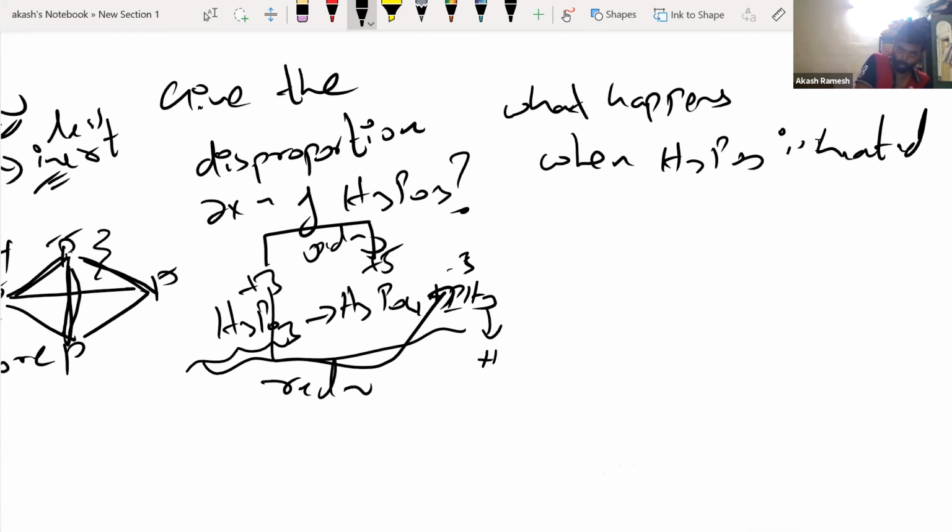This is the same reaction. When you heat H3PO3, you form H3PO4 and PH3. This question can be asked in this way also. On heating H3PO3, only this particular reaction happens. Remember this. Write this down.